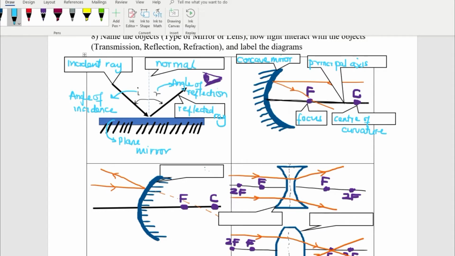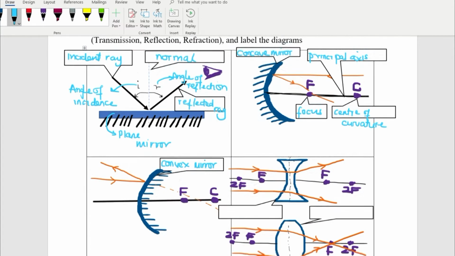The creation of diverging rays makes this mirror a convex mirror. In this type of mirror, you're looking at yourself, but you're able to see your surroundings, compared to the concave one, which is more restricted. So this is a convex mirror. The one at the top is a concave mirror.